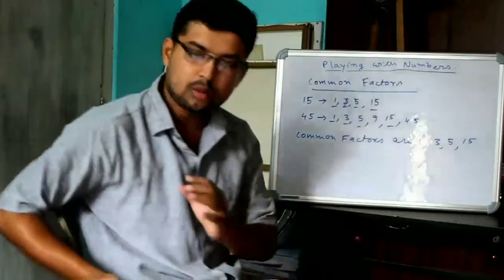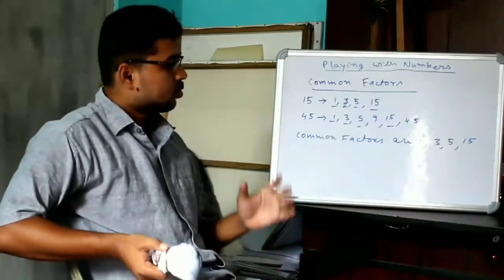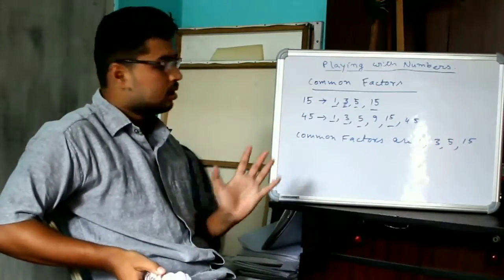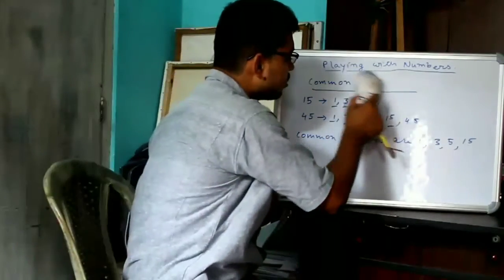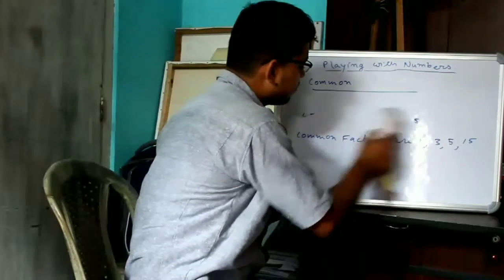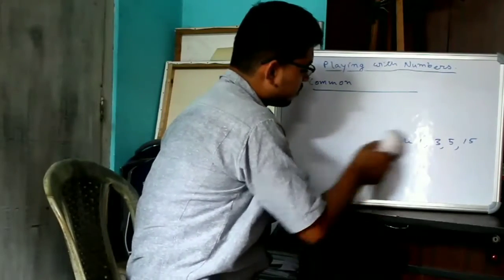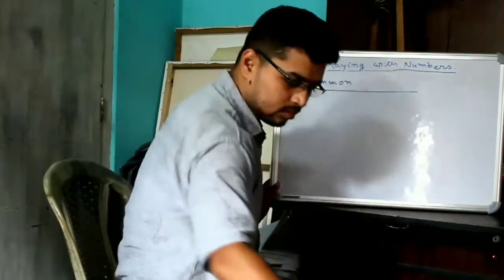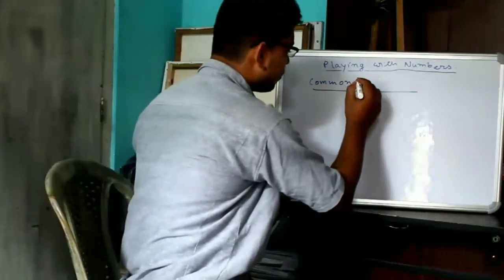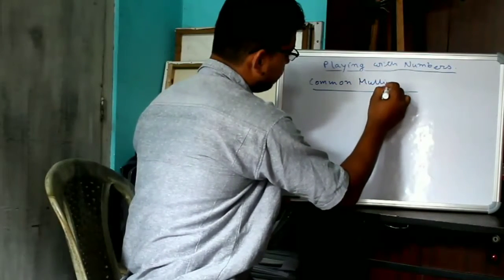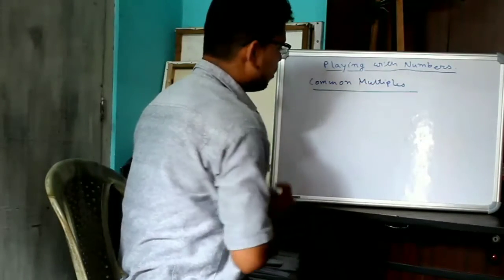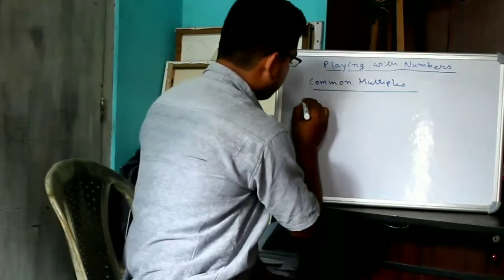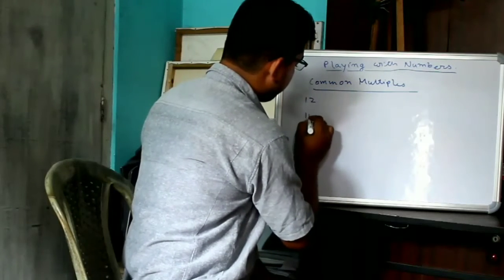Next, you see common multiples. What are common multiples? We already discussed multiples. Now see common multiples. Suppose 12 and 15.